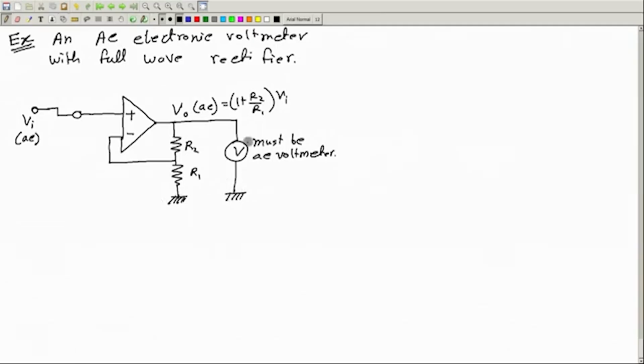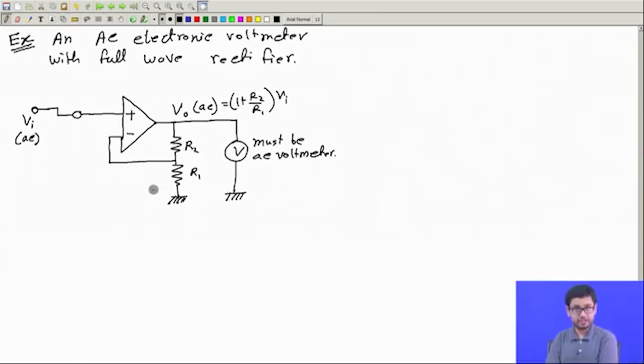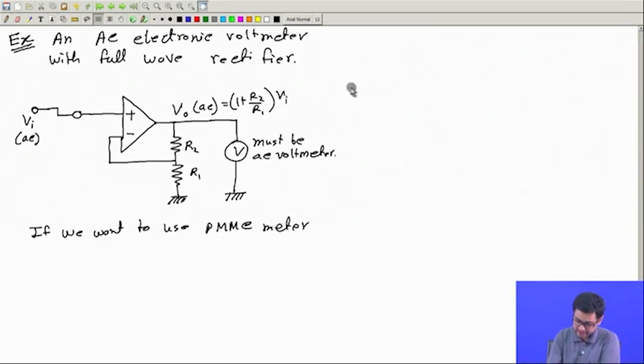But if we want to use a PMMC instrument, because we know PMMC instruments are often more sensitive than electrodynamic ones, and the scale is also linear, then what we can do is this.